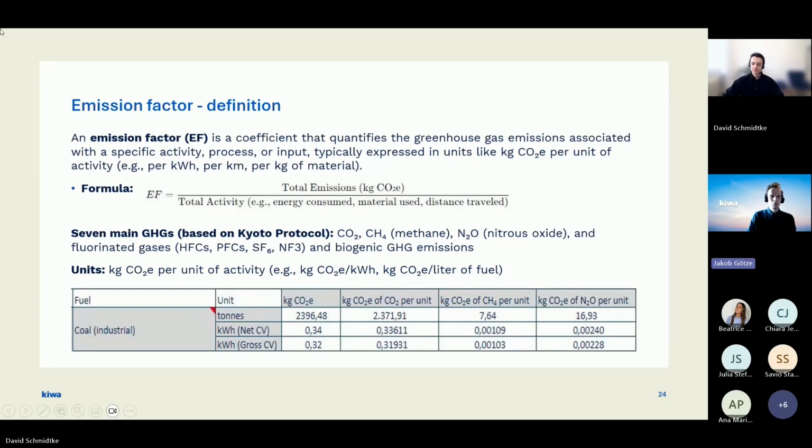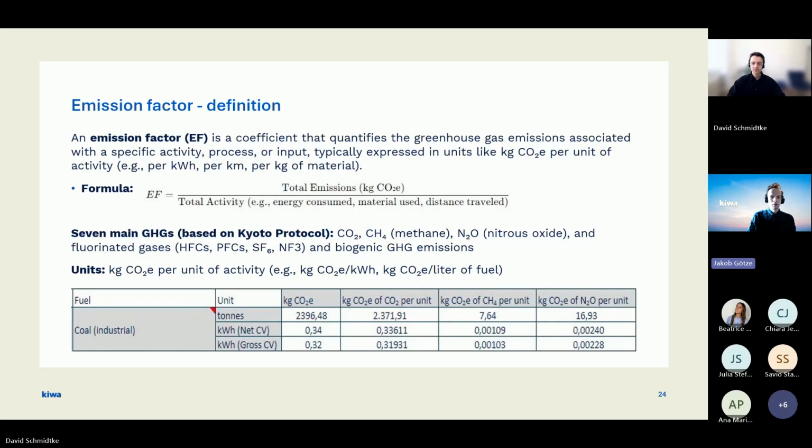In simple terms, emissions are calculated in all cases by just multiplying activity data with one corresponding emission factor. But we need, especially in scope 1 and scope 2, emission factors that cover emissions divided into several greenhouse gases.